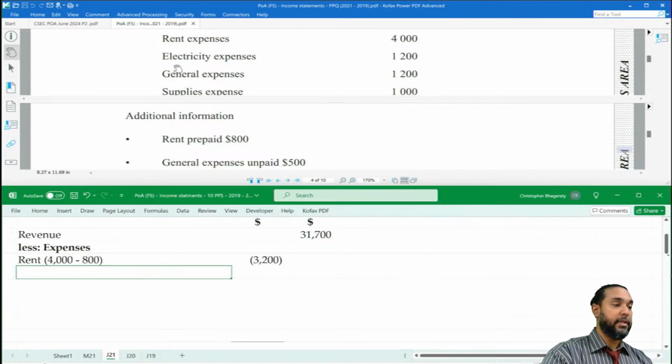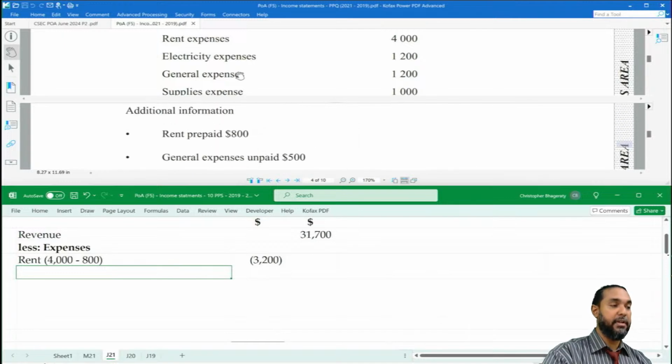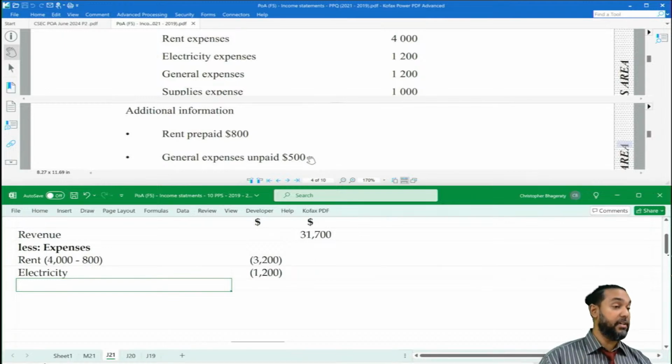Next, electricity expense. If we look at our information here, it's only rent and general that are affected. So electricity is just plug and play: electricity was 1,200. Now, general expenses unpaid at 550. That's an accrued amount, an amount left unpaid. It was incurred, but it wasn't paid.